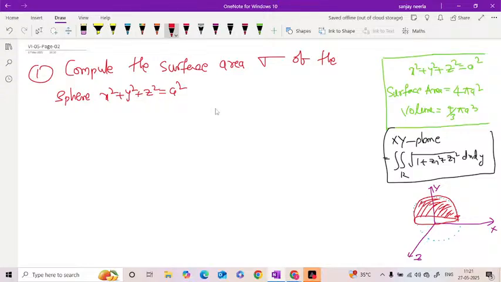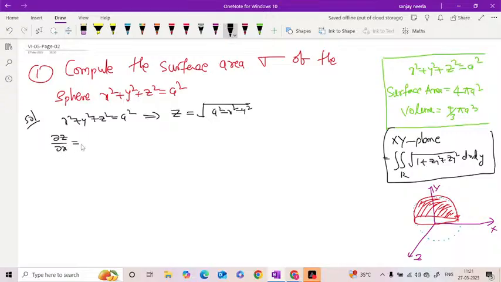For the upper half of the sphere, the equation is clearly given: x square plus y square plus z square is equal to a square. Now the equation is z is equal to under root of a square minus x square minus y square. Since we are using the xy plane, we have to find dou z by dou x.